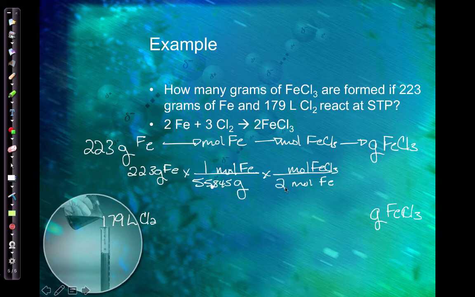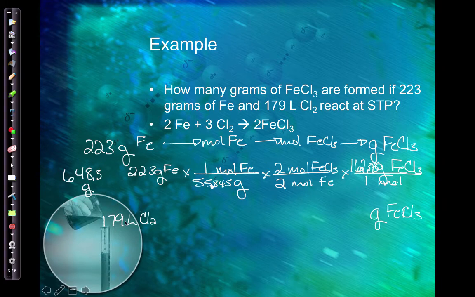So it's 2 moles of iron for every 2 moles of iron chloride. So now I'm going to go to my grams. So 1 mole is equal to 162.345. All right, so then when I do the math here, I'm going to get 648.3 grams.